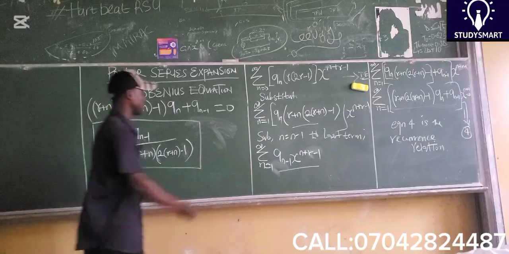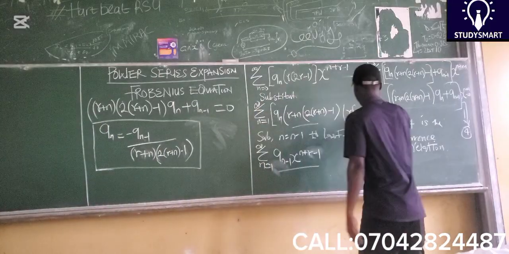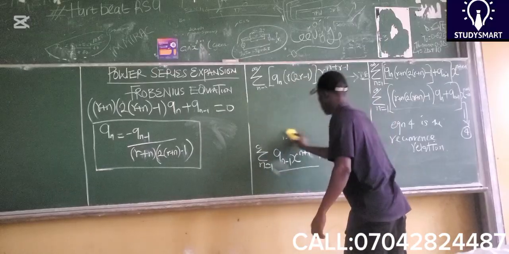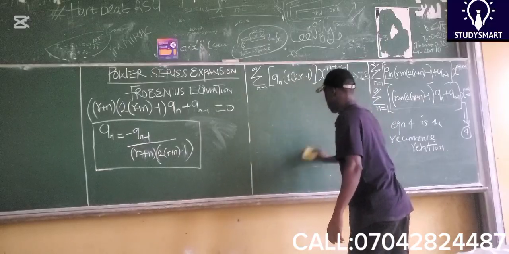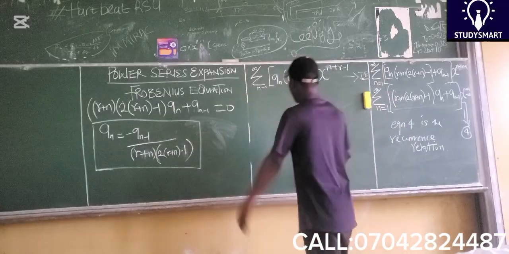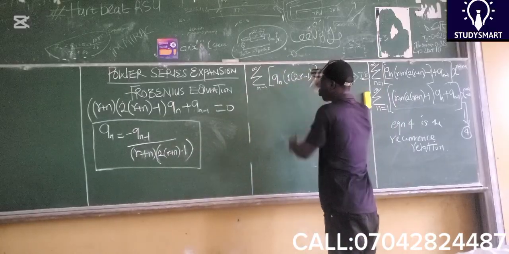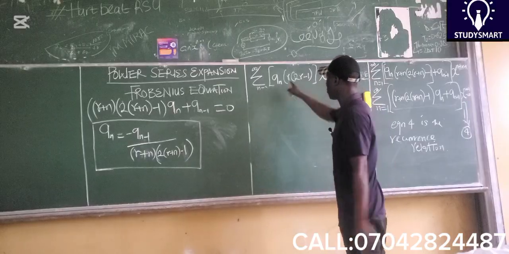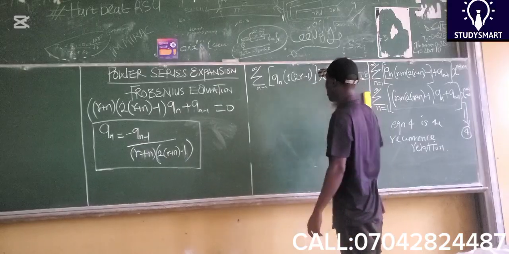Alright, so let's drop this and go back to our initial equation. This is the recurrence relation we are working with here, and from our initial equation we need to get the values of r.